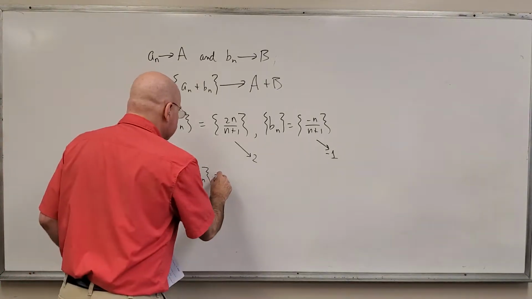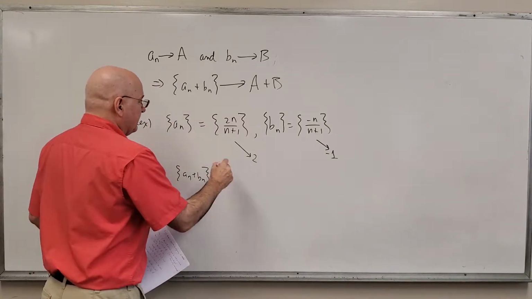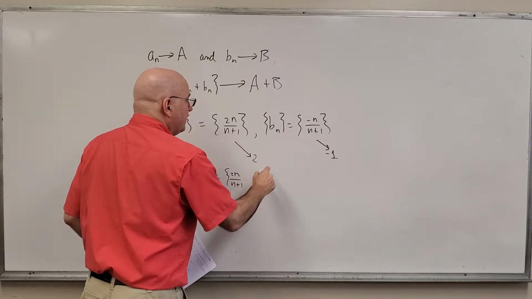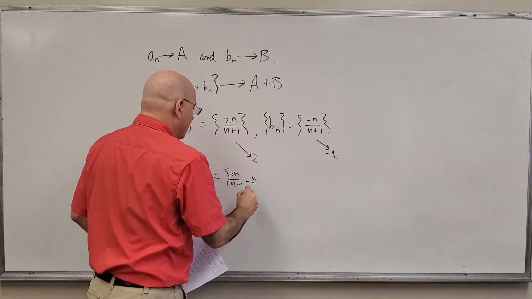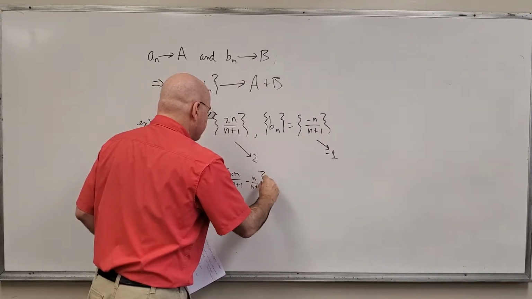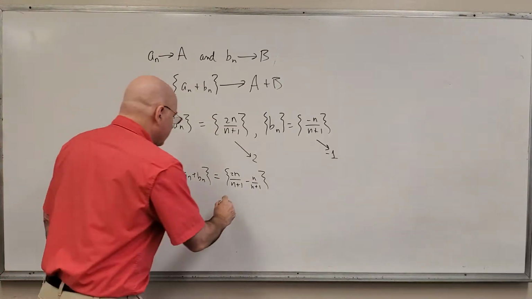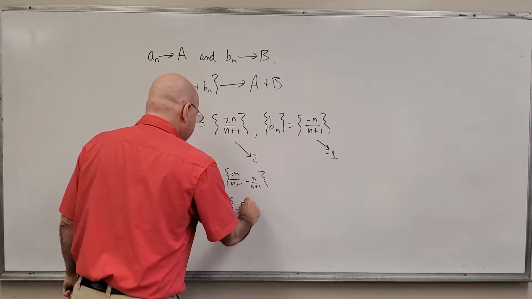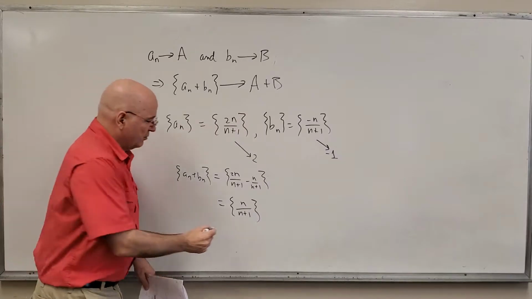And let's convince ourselves by just doing the arithmetic on it. a_n plus b_n for each n is 2n over n plus 1, adding this would give us minus n over n plus 1. And we can just do some simple arithmetic to simplify it to get denominator n plus 1, and we get n over n plus 1, which we know converges to 1.